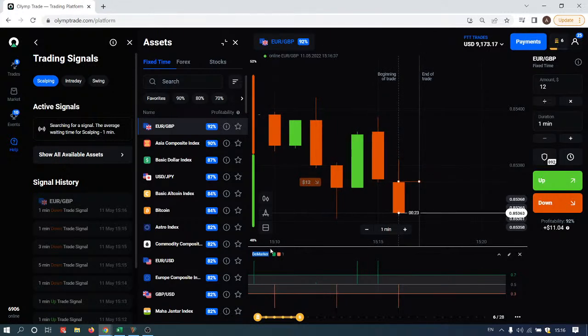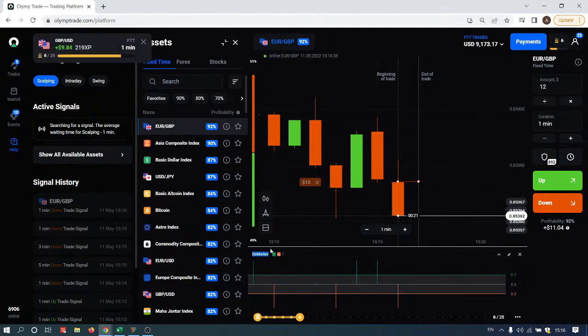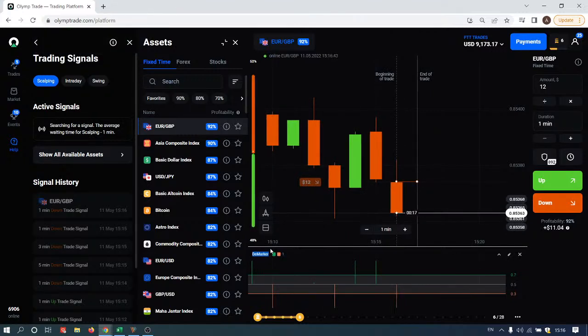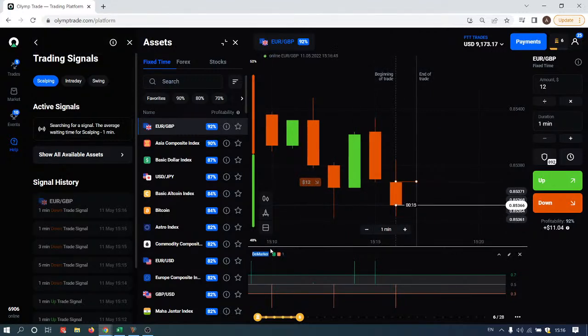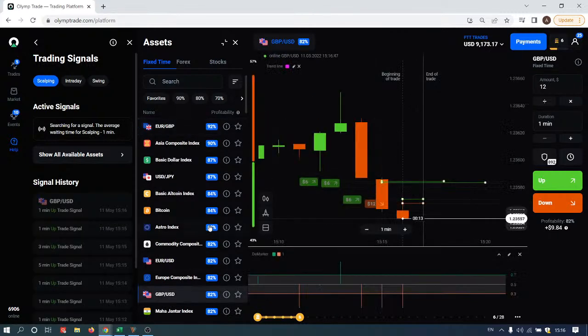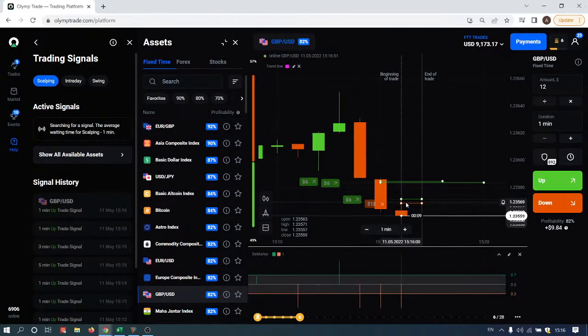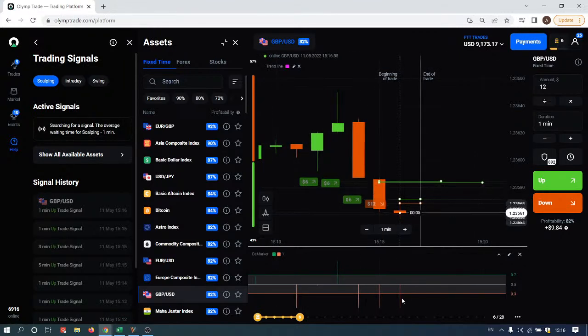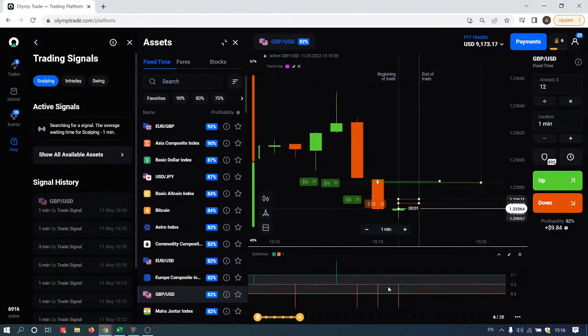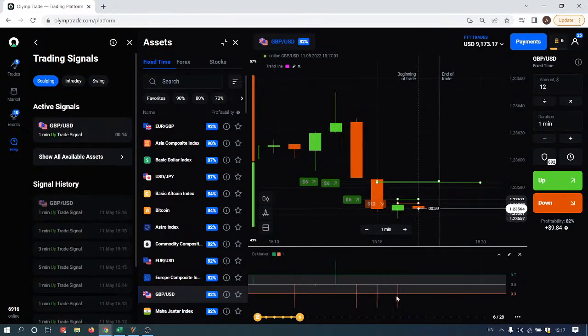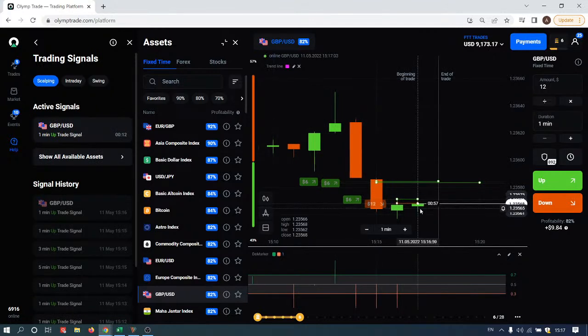We tune this indicator to the smallest period possible, so that we can glimpse the very momentum of each candlestick, of each movement. And once this dash appears on this histogram, if it appears red with this candlestick, then I will open a trade.